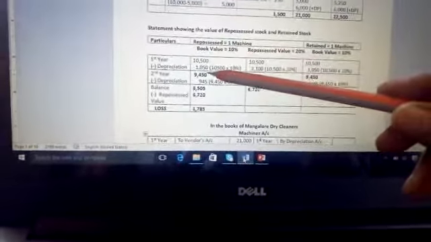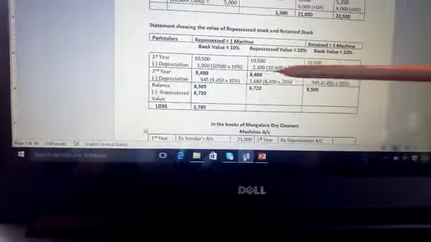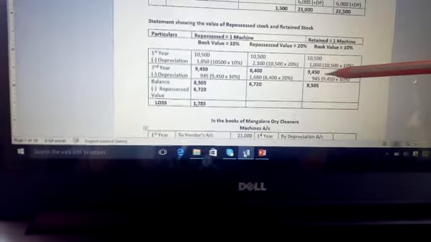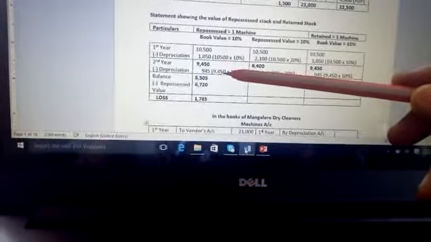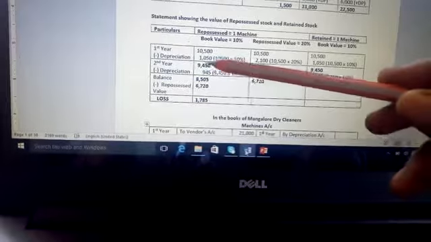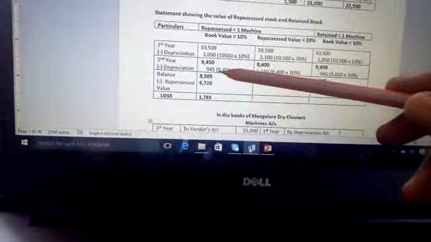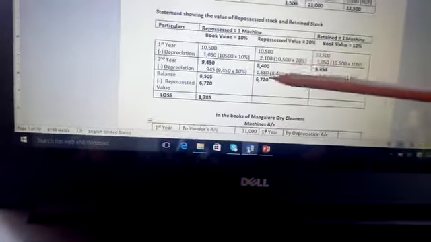In the second year, the balance will be 9,450, 8,400 and 9,450. Again in the second year, we have to charge the depreciation. Here depreciation is charged on the basis of diminishing balance, 9,450 at the rate of 10%, here 8,400 at the rate of 20% and 9,450 at the rate of 10%.